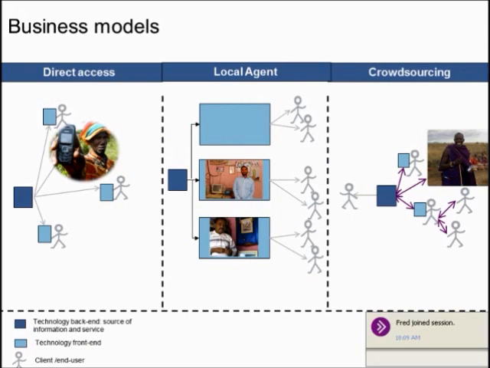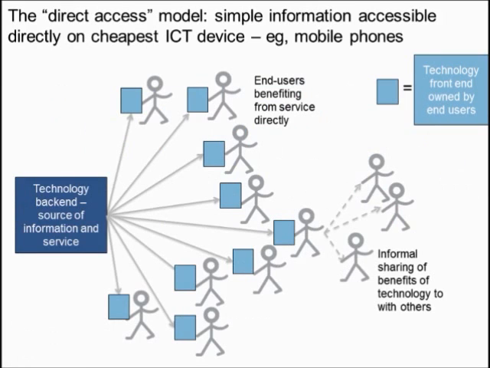And then about the 3 business models: we used the direct access model, a model where you have your local agents, and a crowdsourcing model. Now we'll explain the 3 of them in more detail. The direct access model: you have information which is accessible directly on a rather cheap ICT device, for example a low-tech mobile phone.